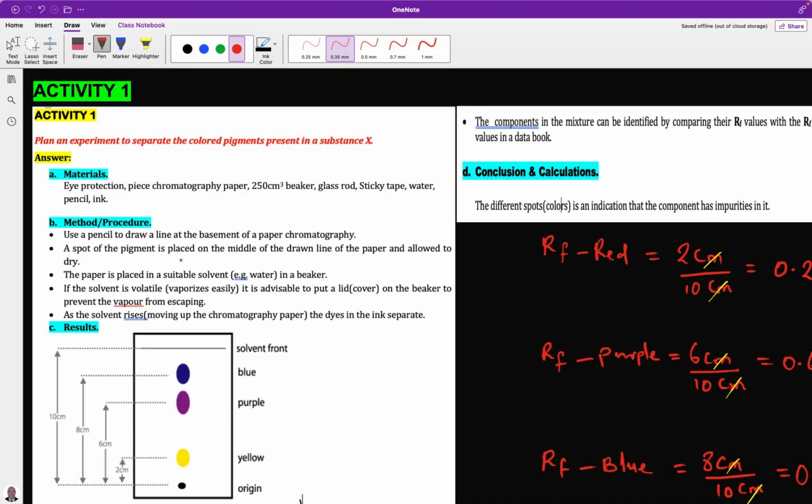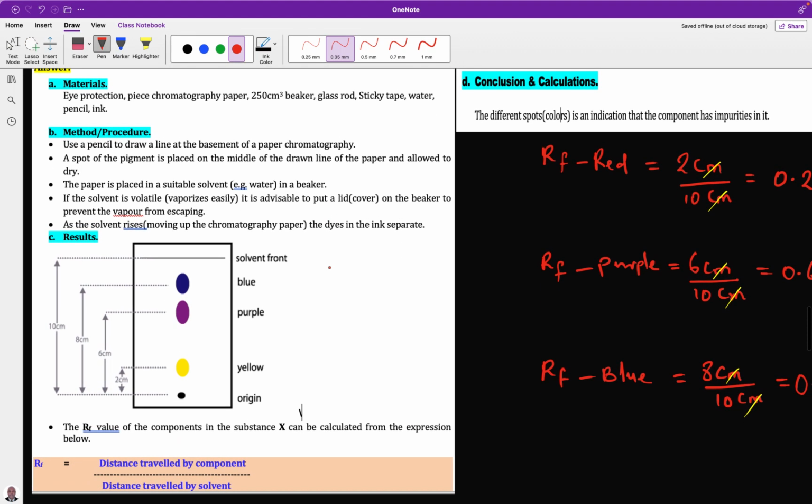The paper is placed in a suitable solvent, for example, water that we used, in a beaker. Remember, if the solvent is volatile or vaporizes easily, it is advisable to put a lid or a cover on the beaker to prevent the vapor from escaping.